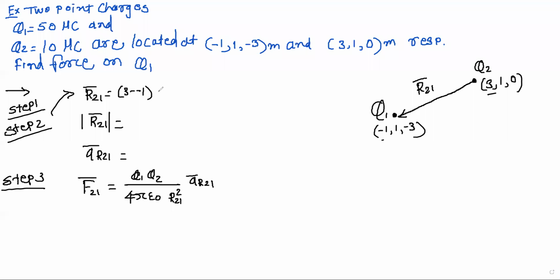So 4 a bar x, plus 1 minus 1, a bar y, then plus 0 minus 3 a bar z. Right? So what would be the answer? What is the answer? Can someone tell?